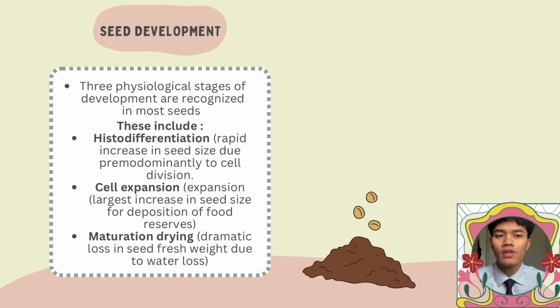For histodifferentiation, there is a rapid increase in seed size due predominantly to cell division. For cell expansion, the largest increase in seed size occurs for deposition of food reserve. And for maturation drying, there is a dramatic loss in seed fresh weight due to water loss.